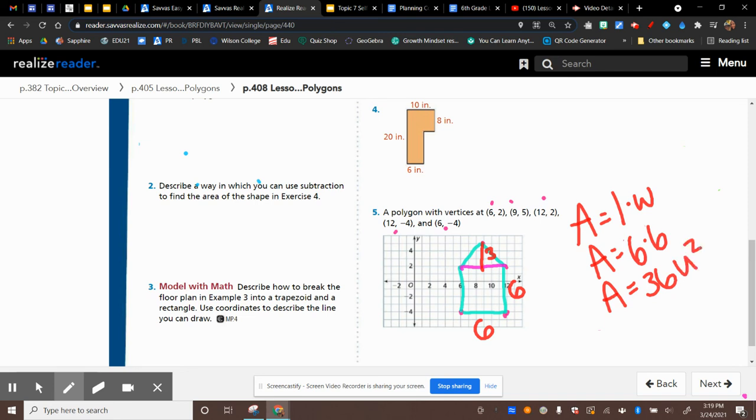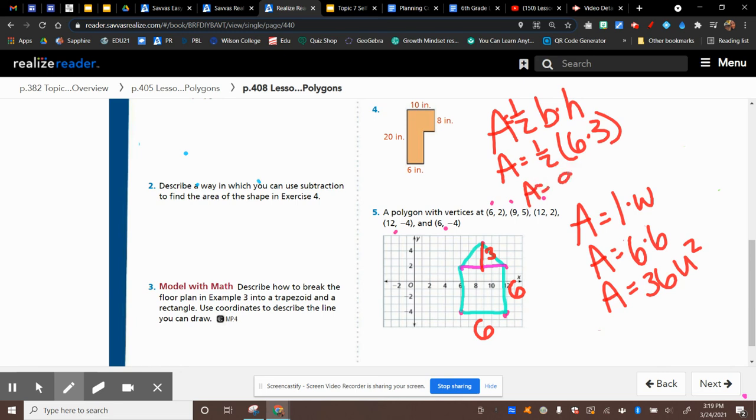So now I want to find the area of my triangle. Area of a triangle, I'll write it up here, is 1/2 base times height. So my area for this triangle is 1/2. The base is 6 and the height is 3. 6 times 3 is 18. Half of that is 9.